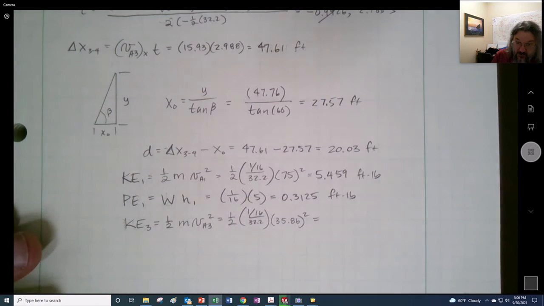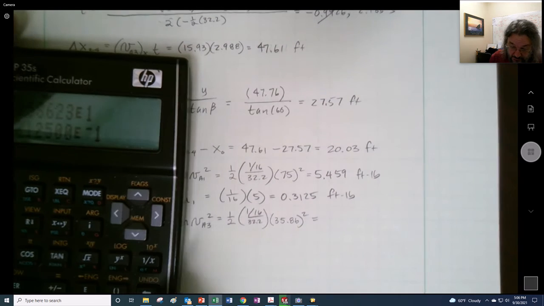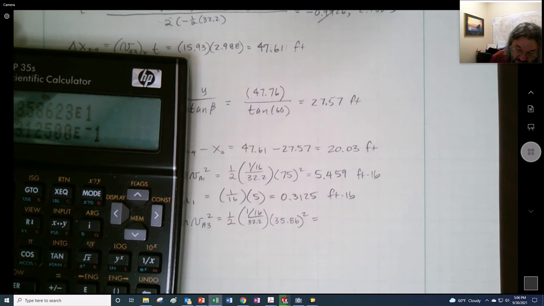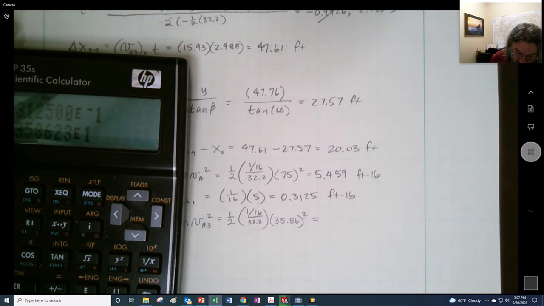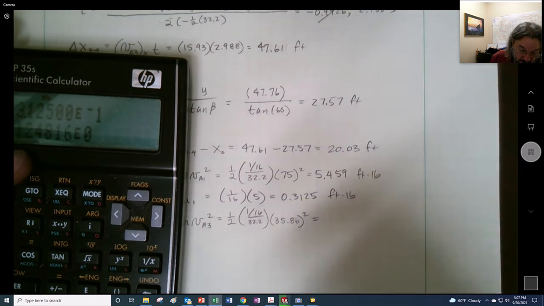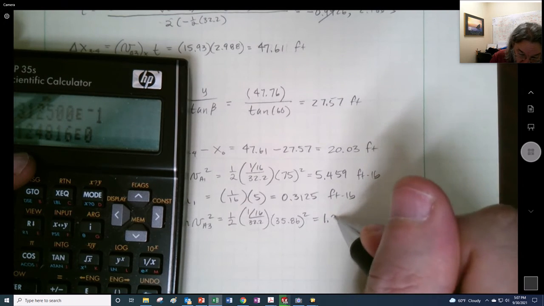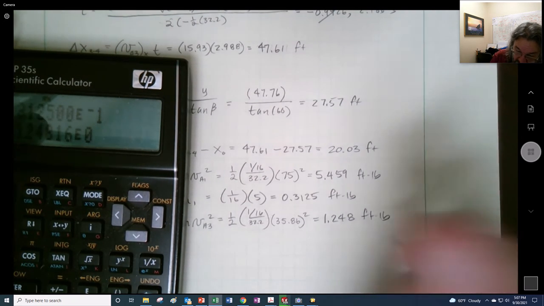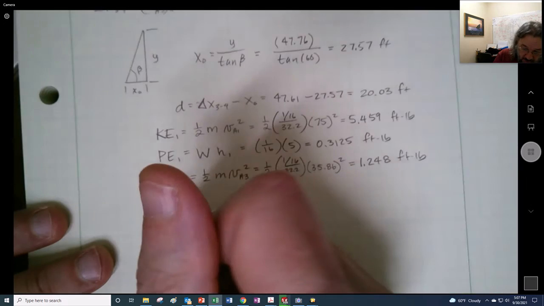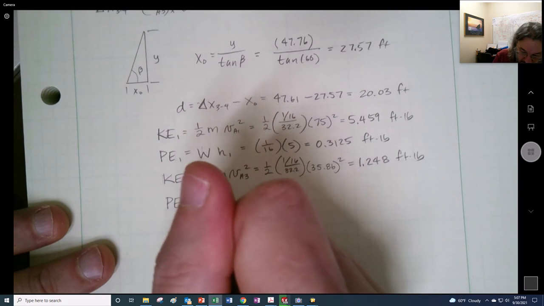But we have to remember it's up high, right? So we have to do the potential energy later. We're going to square that, and we're going to go 1/16, multiply 32.2, divide, 2, divide. All right, so it's got 1.248 foot-pounds.